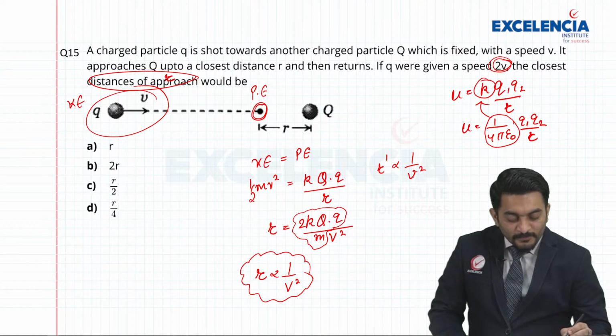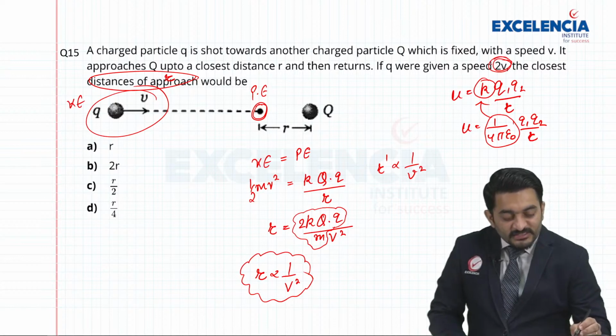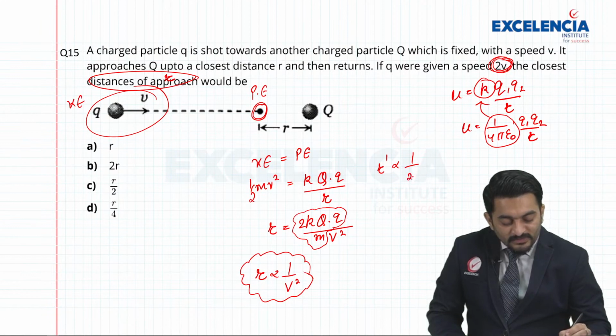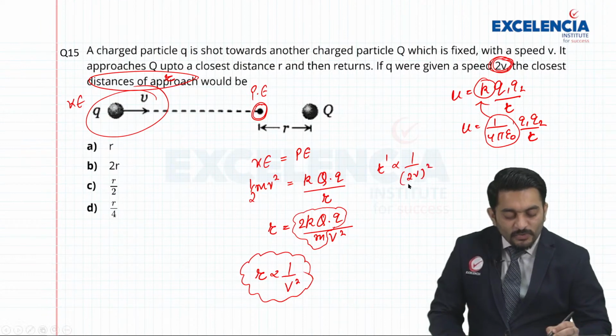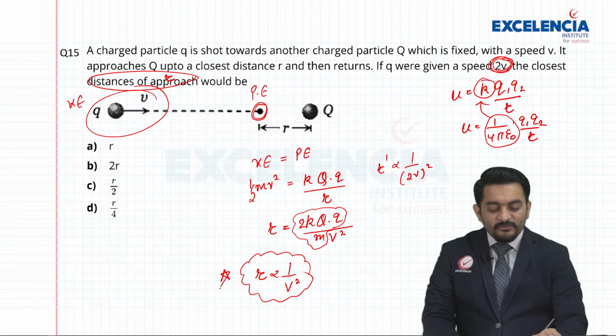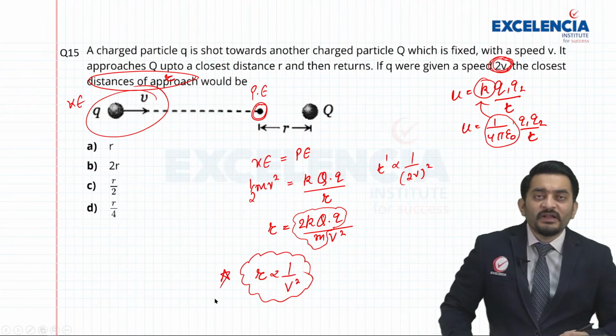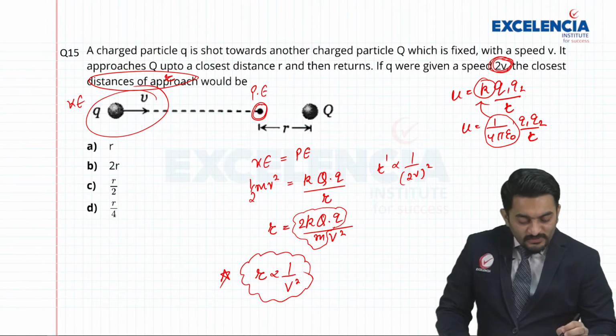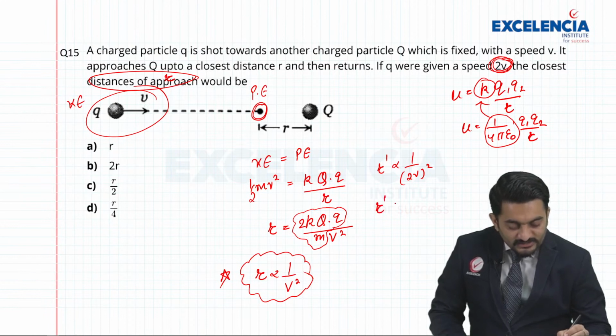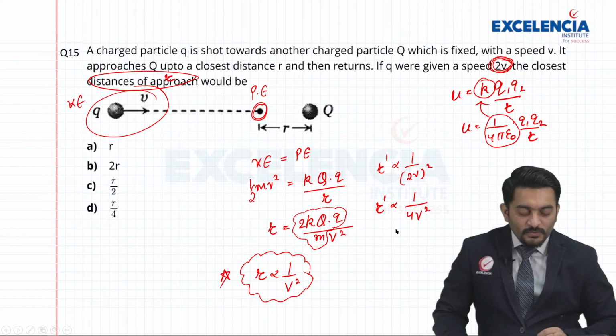Your question says that velocity has been doubled. So you can plug this velocity as 2v and take the square of it, because that is what you have derived over here. So whatever relation you have derived, you will go according to that. So when you do that, r dash is directly proportional to 1 by 4v square.